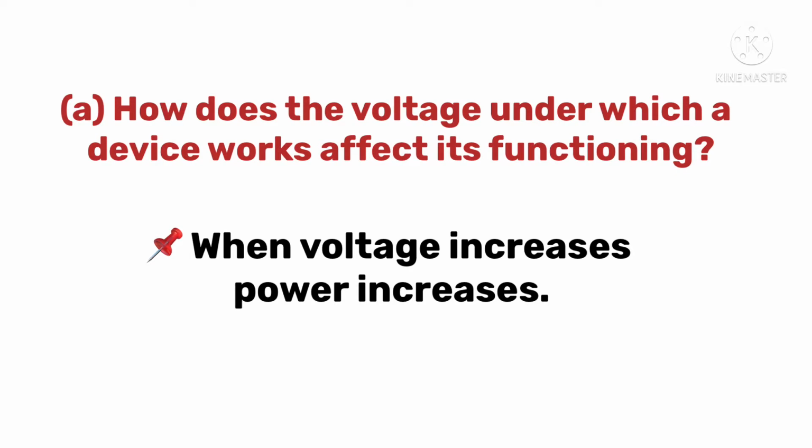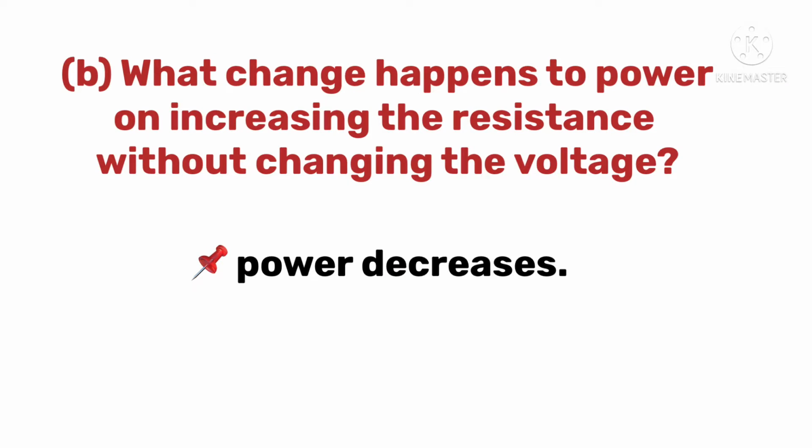We have 3 questions to answer based on the table. So the first question A. How does the voltage under which a device works affects its function? The answer is, when voltage increases, power increases.